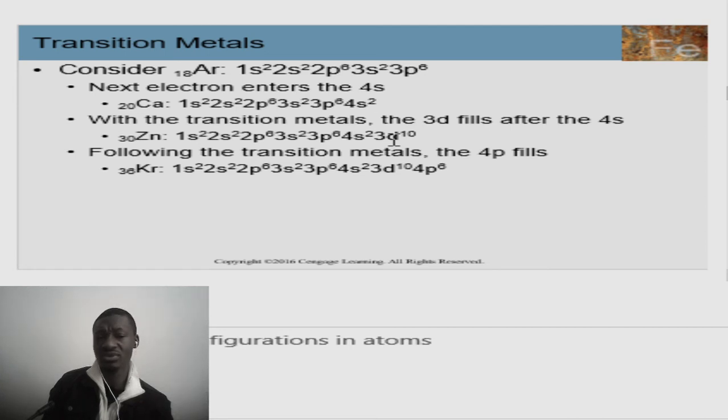I think krypton should be a noble gas because of the filled p orbital. But you have a situation because it's in the transition elements, it's part of the transition because it has the d block also. Or basically, it's a noble gas.